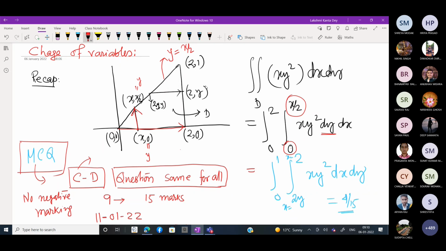Similarly, this is a type 2 region. We can go in the other direction also. What is the limit for Y? This is up to this. This is 1. So Y is running from 0 to 1, right? And X is running from here in this direction. What is X here?